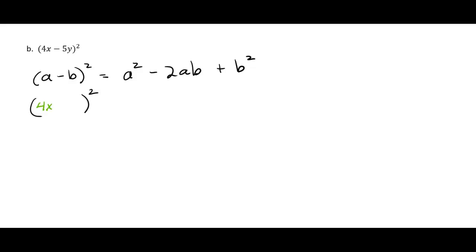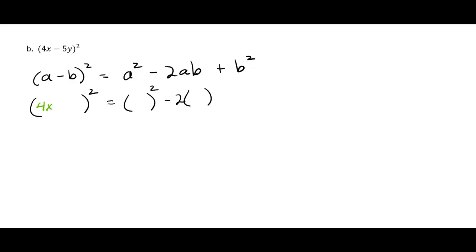Okay, so here we are. I'll just show you the formula. It's the minus kind. So a minus b squared is going to equal a squared minus 2ab plus b squared. This time I'll try to be really careful with the color scheme. My 4x is the a. On the other side, I'm going to take my a and square it, minus 2 times whatever a is.